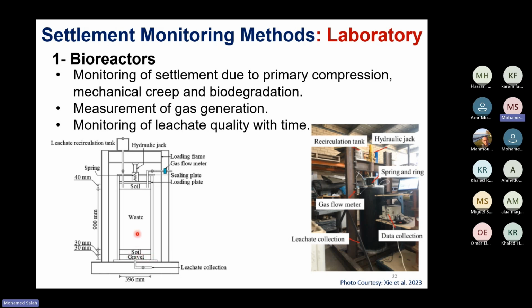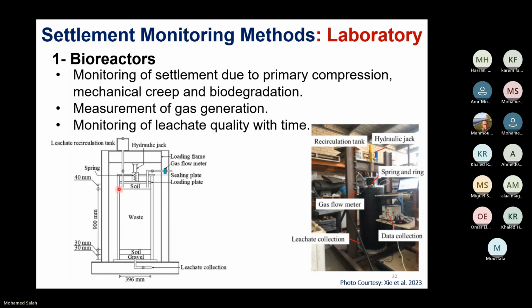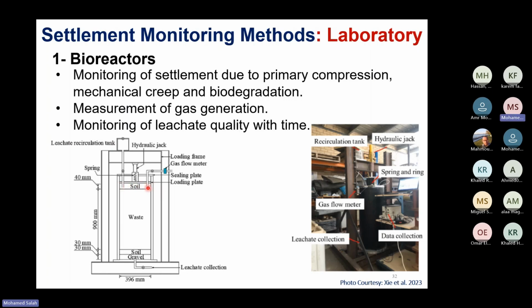Then comes the waste with the composition you want to monitor. Then we can apply load on the top using a hydraulic jack. Leachate recirculation can be done using a leachate recirculation tank. And at the bottom, there should be a leachate collection for the purpose of analyzing the leachate.